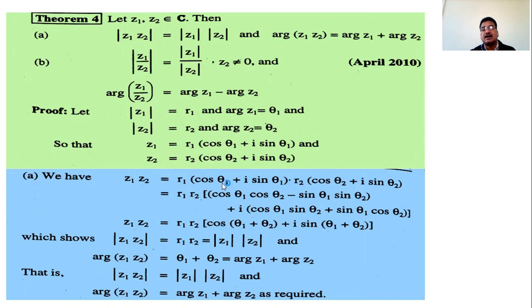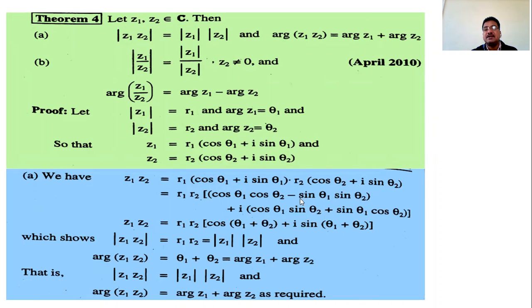Z1 is this and z2 is this. So r1 into r2 is simple multiplication, and multiplication of these two brackets. We have four terms: cos theta1 cos theta2, then i cos theta1 sin theta2, and then i sin theta1 cos theta2, and the last term is i square sin theta1 sin theta2.